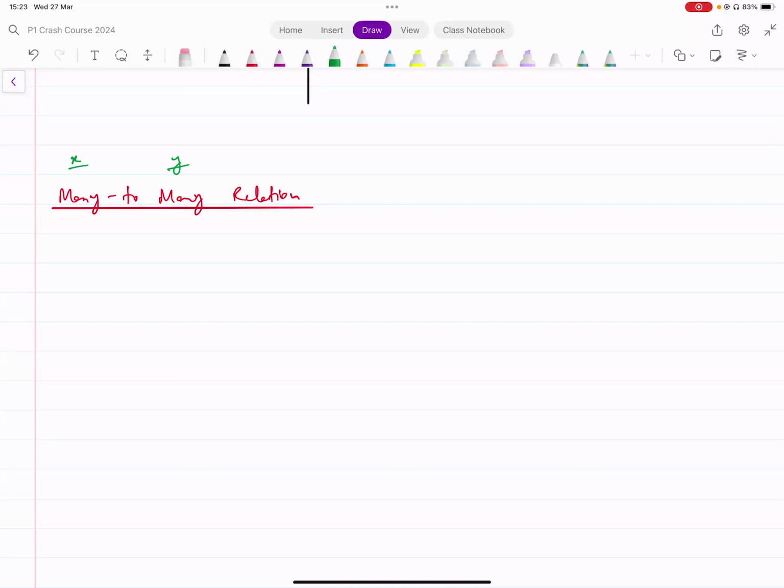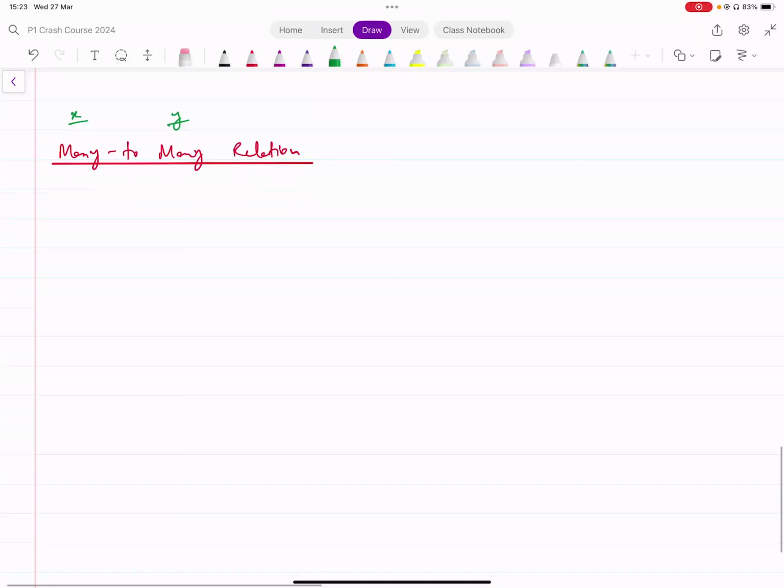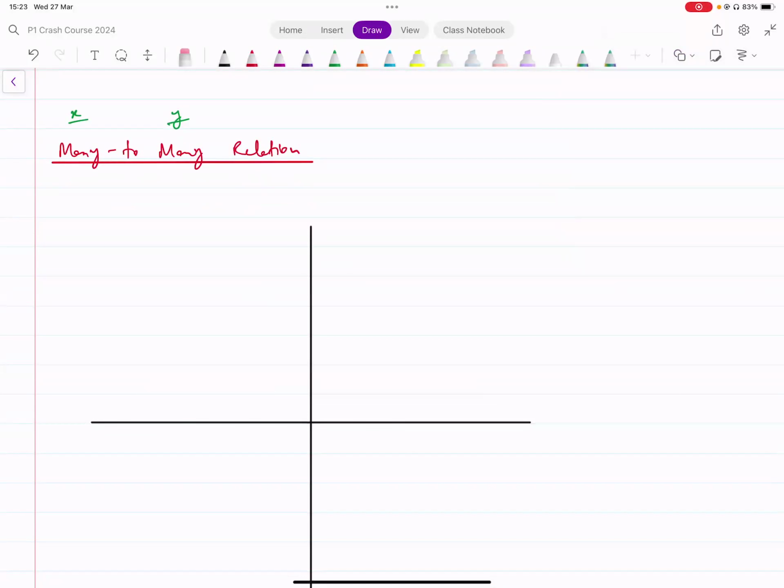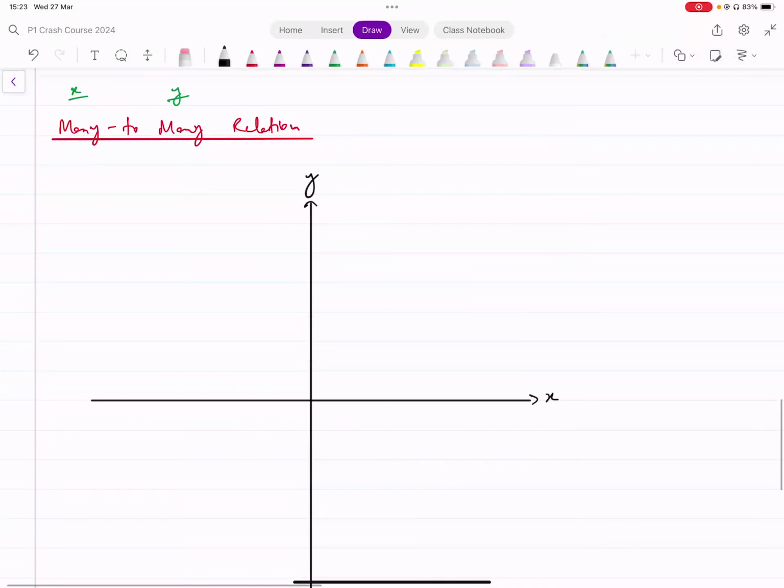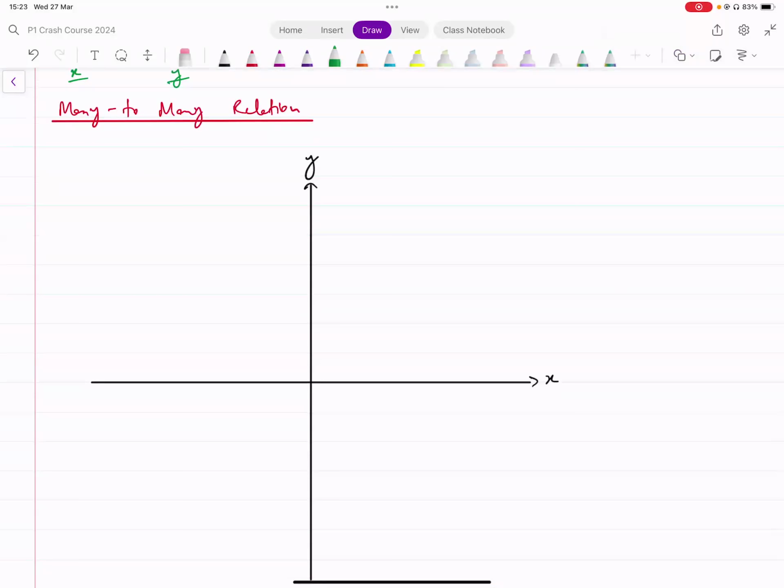One value of y could come from multiple values of x. Now, let me show you an example of this. You could have a graph that looks like this. Now, we will do this later on when we do equation of circle. We haven't done that yet. But if you had a graph of a circle like this, or maybe an oval as well, right? Oval as well. This is also many to many. But let's say we have a circle.